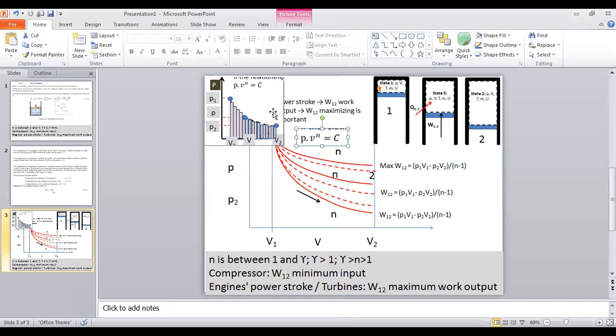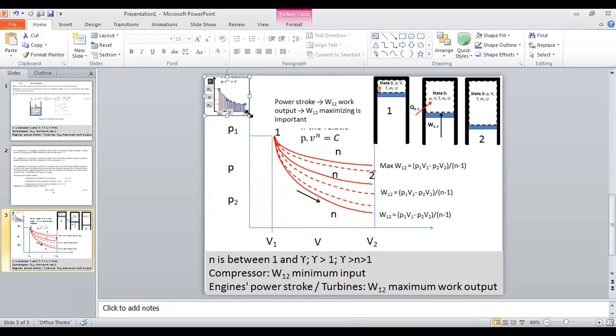This is the process. The area under PV to the power n equals constant: the bigger the area, the bigger the work transfer. So here is the work done. In power strokes, we need to maximize this. So maximum W12.